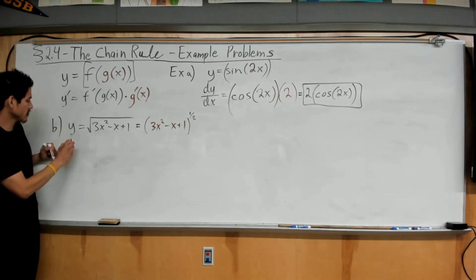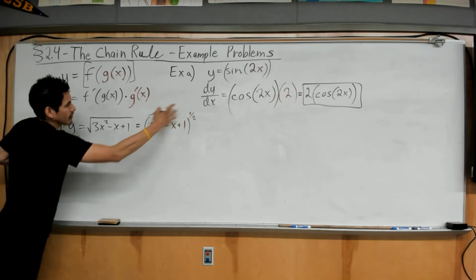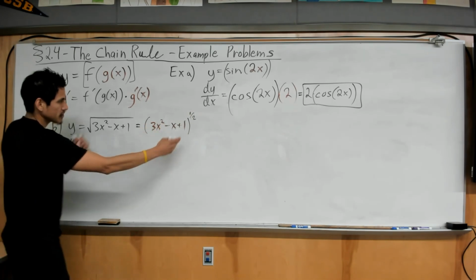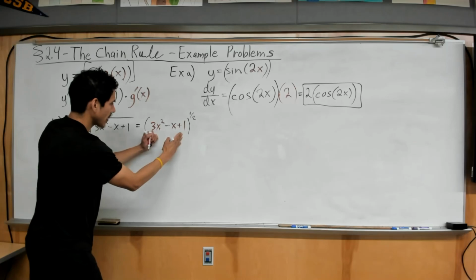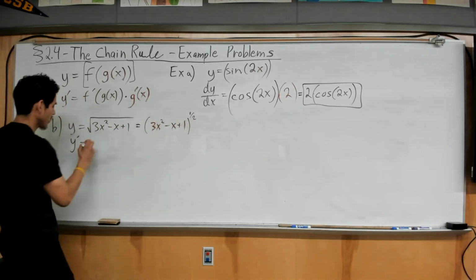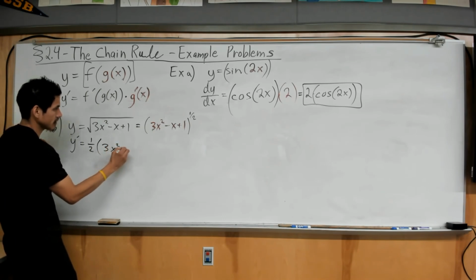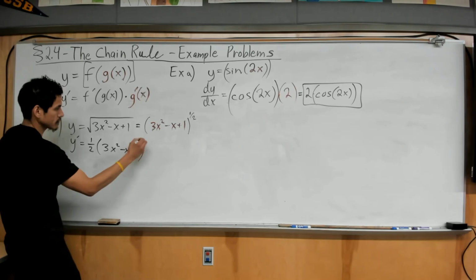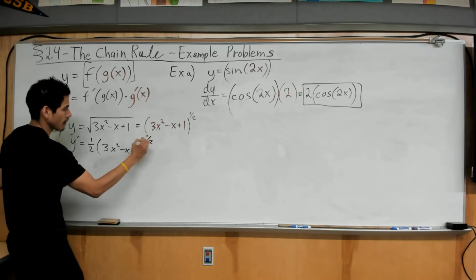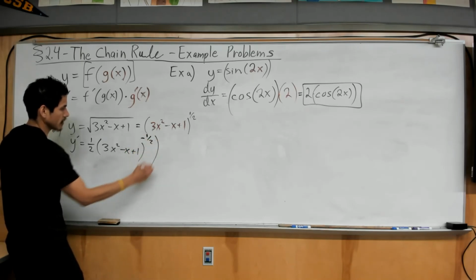If you want to find y prime, you're going to take the derivative of the black function. And whenever you take the derivative of the outside function, you leave everything else the same. So it'll be 1/2 times the whole thing on the inside, which stays the same, to the negative 1/2. And then super parentheses.